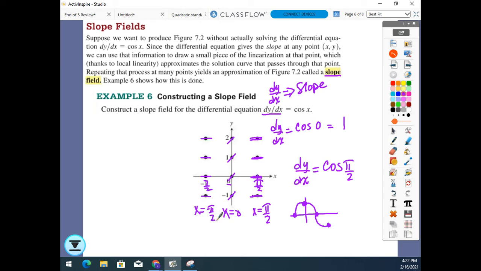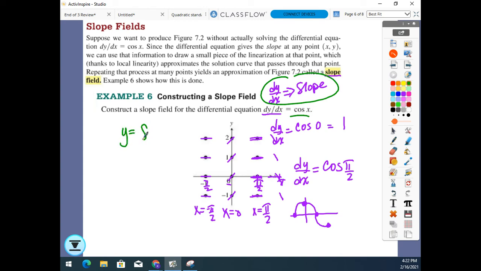So let's think about how this helps us. Let's go one further and look at all the points where x is pi. Cosine of pi is -1, so every spot along here would be -1. So let's think about it: if our dy/dx is cosine, what is y?